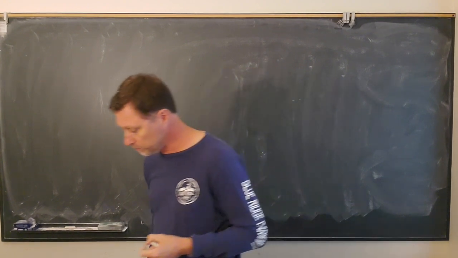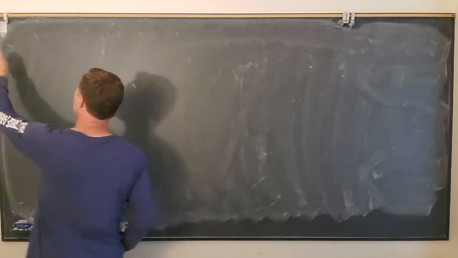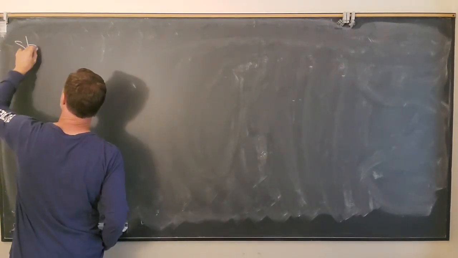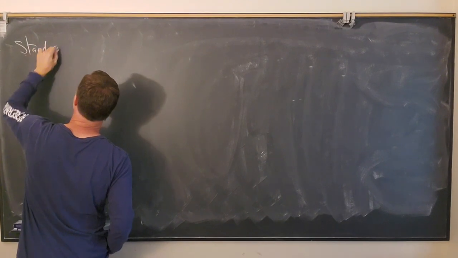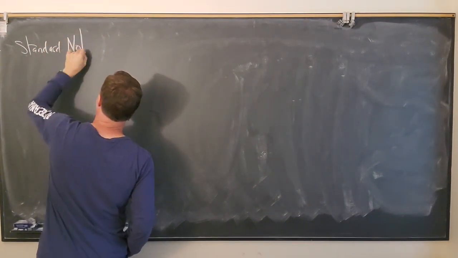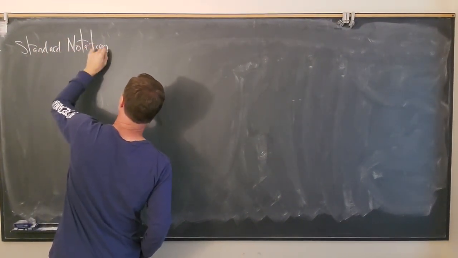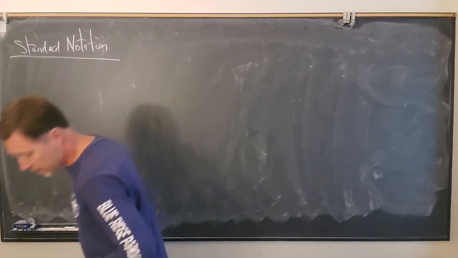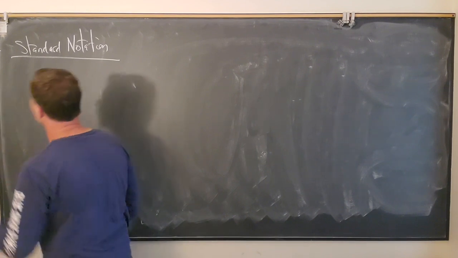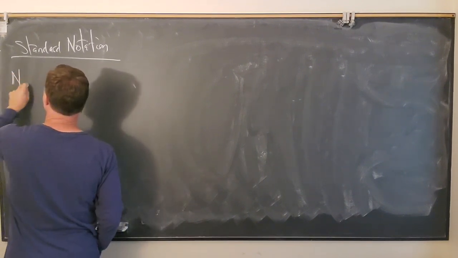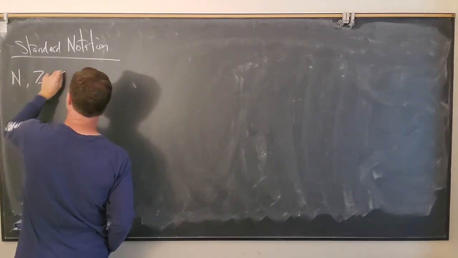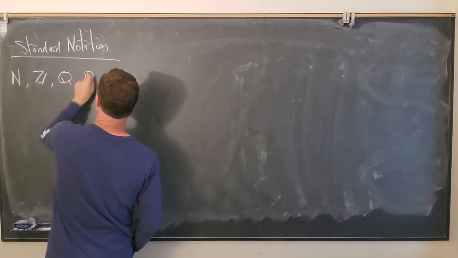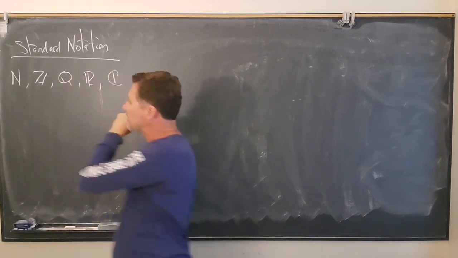Okay, so here we go. First thing, let's just review some standard notation. I'm sure that most of you have seen these symbols right here. I'm just going to write them down and then I'll remind you what these are. So what do we got?